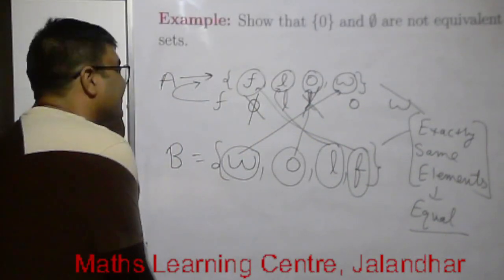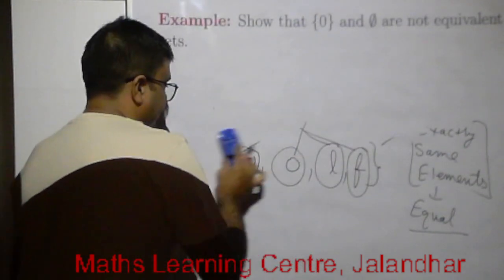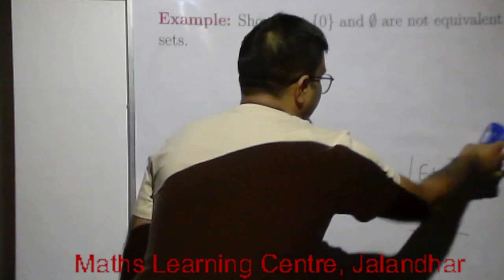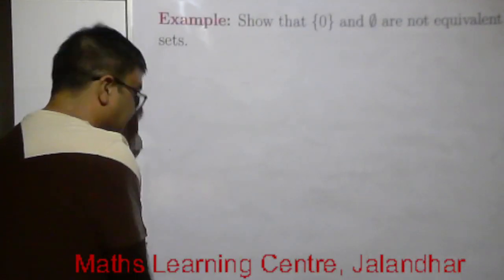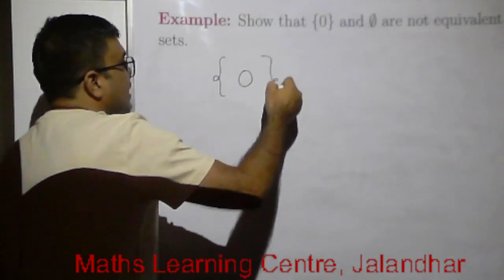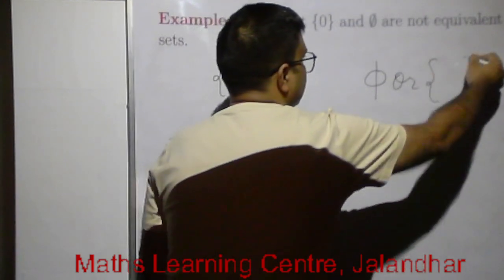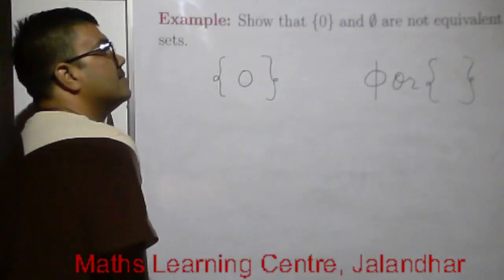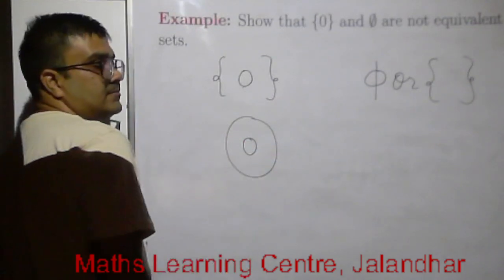Another example. Consider the set having an element 0 and another set is an empty set. One set is this and one set is this. The element of this set is 0.